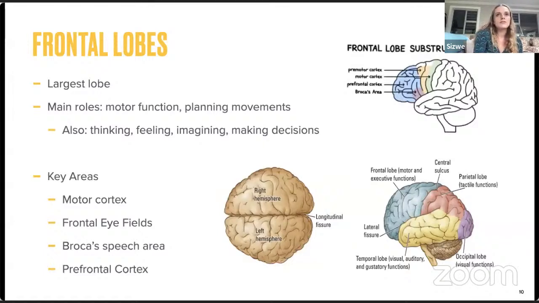We can't do any of those things if we aren't out and about in the world, moving and shaking and doing things. So that's why I say the main role is motor function and planning movements, as well as, auxiliary to this, thinking, feeling, imagining, making decisions, all of that stuff. Personality also there.